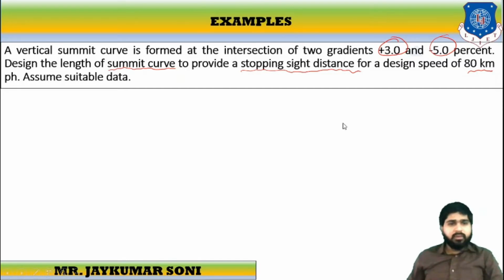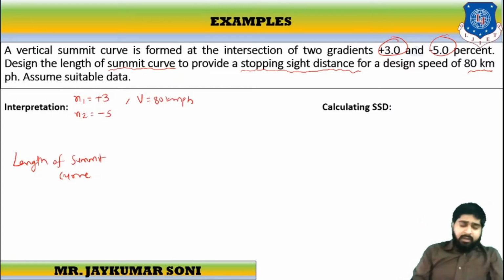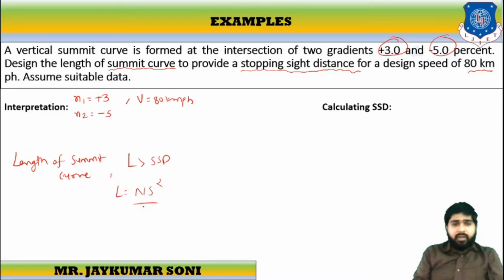I repeat once again, a vertical summit curve is formed at the intersection of two gradients, plus 3 and minus 5%. Design the length of the summit curve to provide a stopping sight distance for a design speed of 80 kmph, assuming suitable data. Let us assume the criterion of L greater than SSD. So the equation is L equals N S square by 4.4, which we learned in the last session.